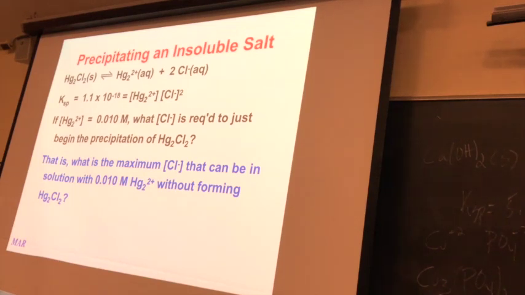And we can do that with KSP, because KSP is really great for determining these equilibrium solubilities. So mathematically, we're just going to take this expression, put that mercury number right in there, and solve for chloride. That will be the threshold of chloride needed to begin making Hg2Cl2.